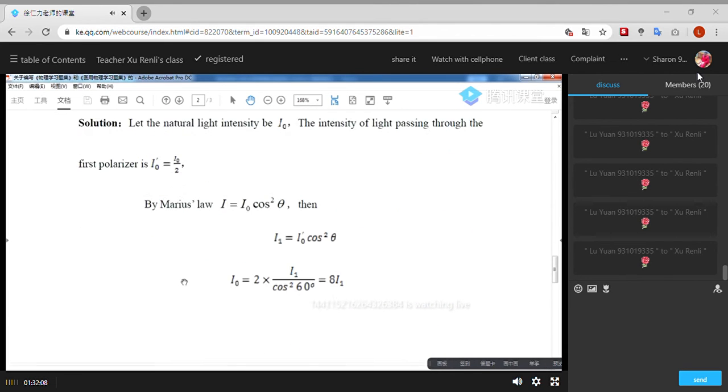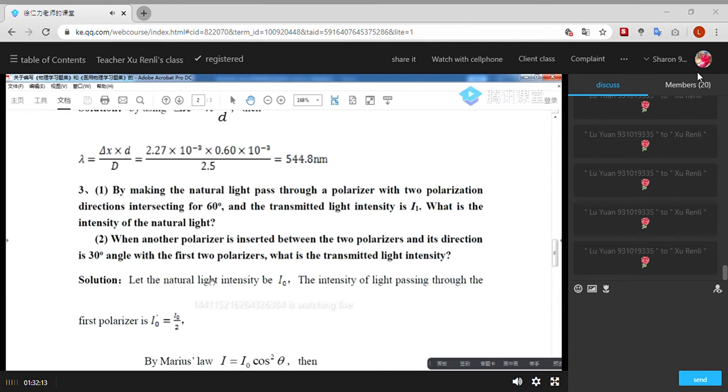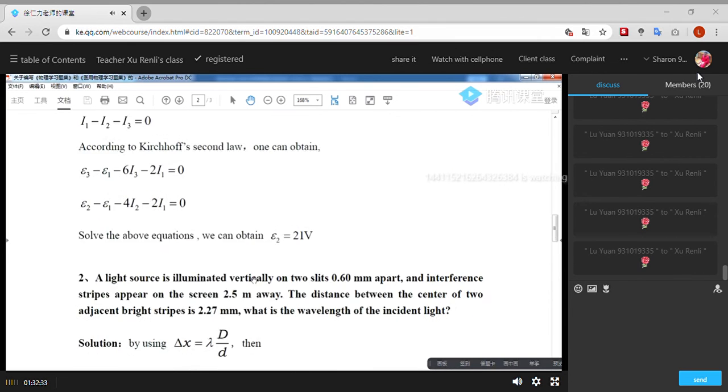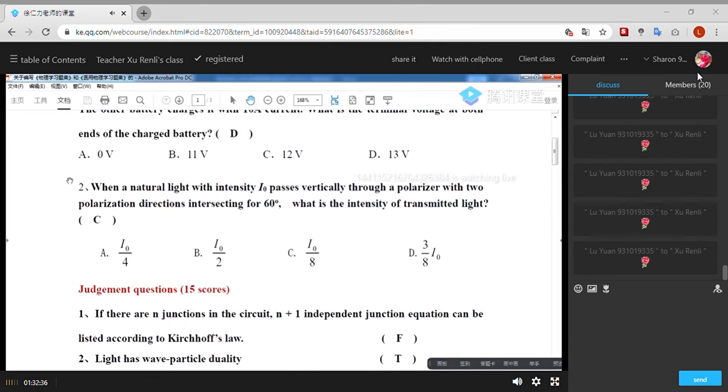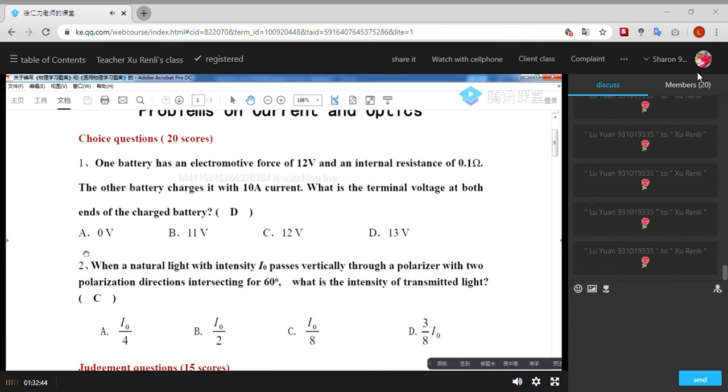So the last question is to use Malus's law. Natural light passes through two polarizers with two polarization directions inserted at a second degree, and the transmitted light intensity is I1. What's the intensity of the natural light? It's just like the choice question, but it's inverse.